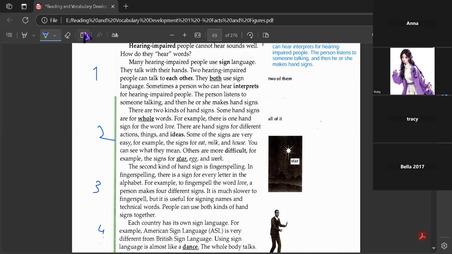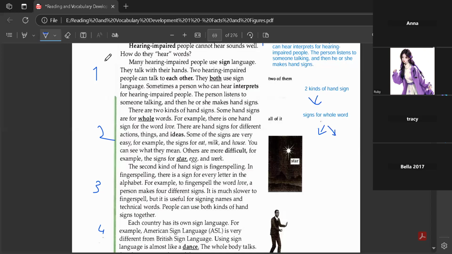So in this whole paragraph, this is the frame of it. They say that there are two kinds of hand signs. For the second paragraph, they say that this is about signs for whole words.